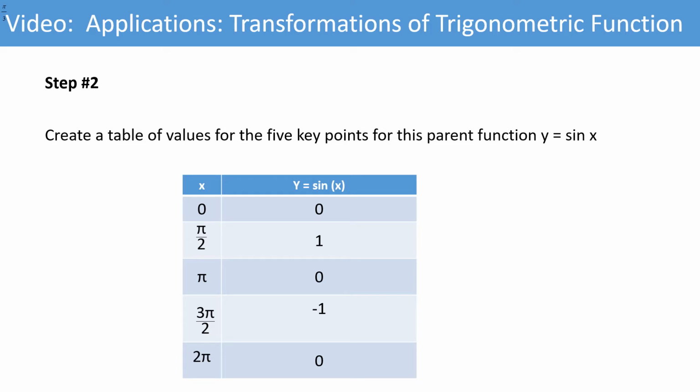We are then going to enter the default values for the 5 points that we explored in the previous videos for sin x. So we will have (0, 0), your starting point; (π/2, 1), your maximum point; (π, 0), your midpoint; (3π/2, -1), your minimum point; and your ending point, (2π, 0).